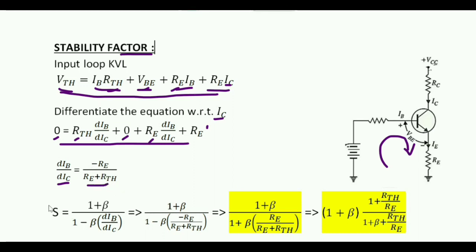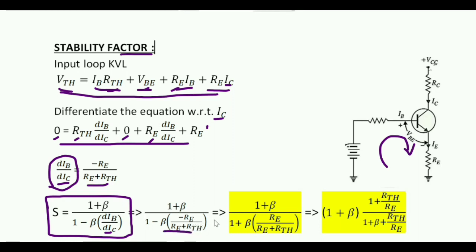We have seen that the equation of the stability factor is S is equal to (1 plus beta) by (1 minus beta into dIB by dIC). We have got the dIB by dIC value, so if we substitute it in this position, we will get the equation as (1 plus beta) by (1 minus beta into minus RE by (RE plus RTH)).